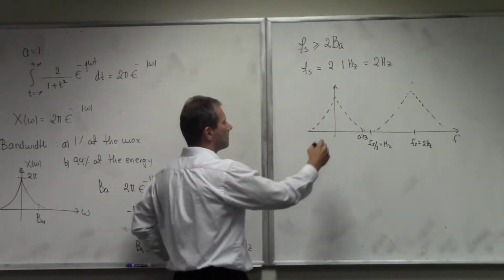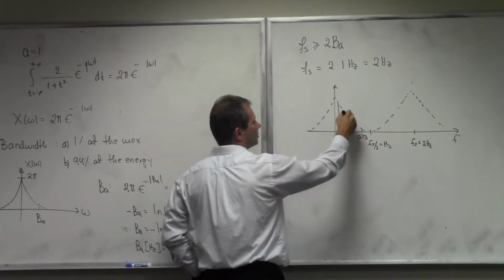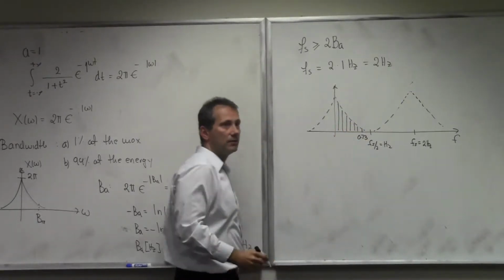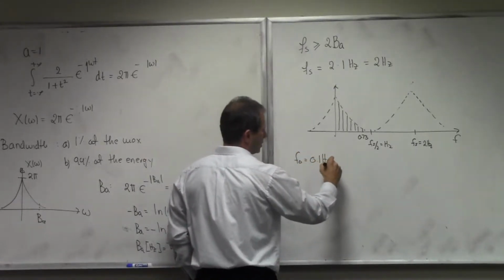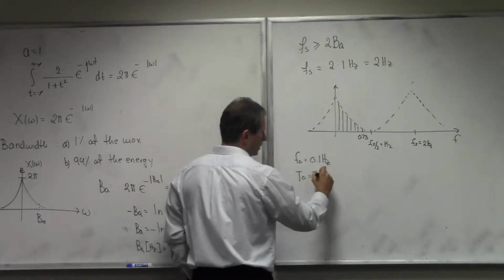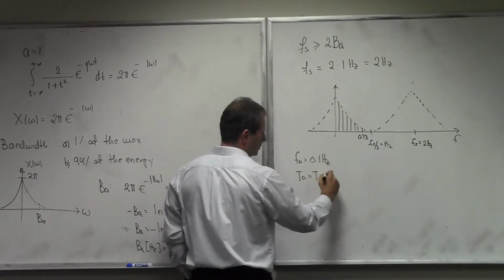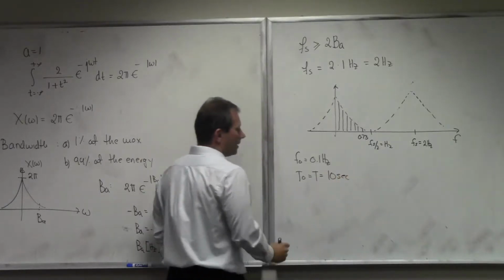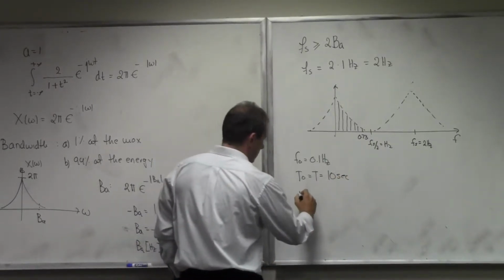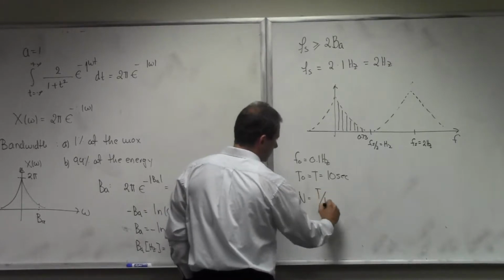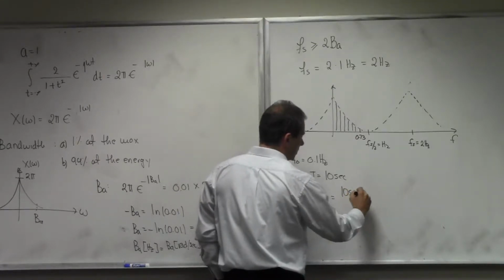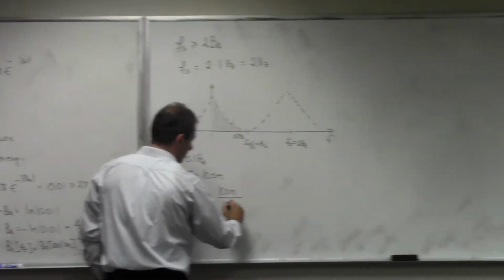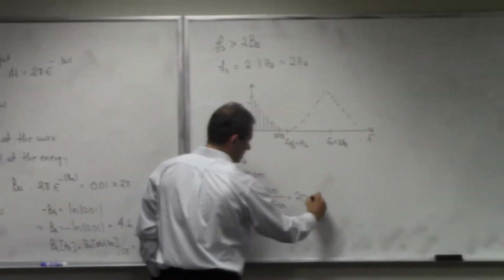And the question is what resolution do I want in the frequency domain? If I say that my F0 is 0.1 hertz, then that gives me T0, which is equal to T, of 10 seconds. And then the number of samples, N, is going to be T0 over Ts, which is 10 seconds divided by 0.5 seconds, which is 20.